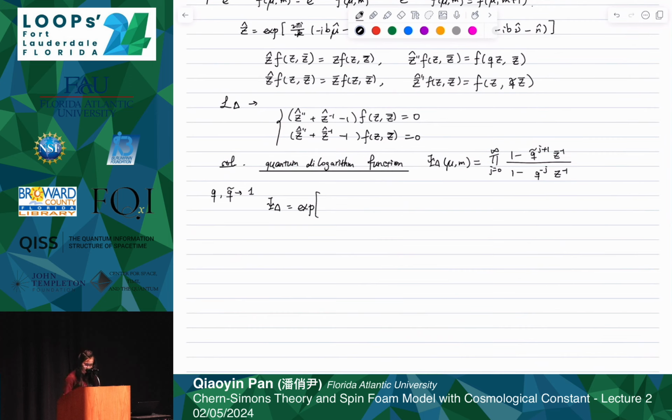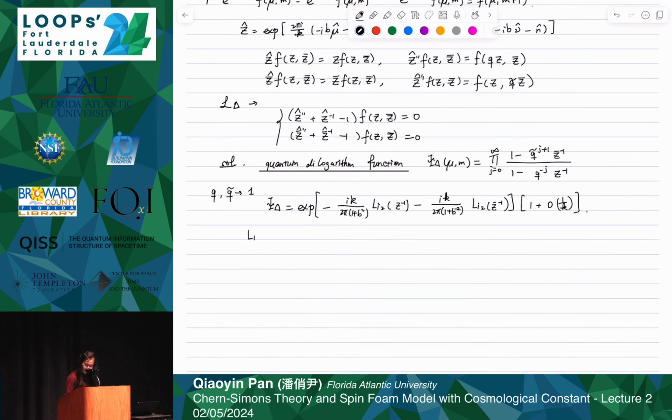It approaches, let me just write equals, minus i k over 2 pi times 1 plus b squared, the dilogarithm function of z inverse, minus i k over 2 pi times 1 plus b inverse minus 2, the dilogarithm function of z bar inverse. And then this is the leading order. I will also have some subleading order.